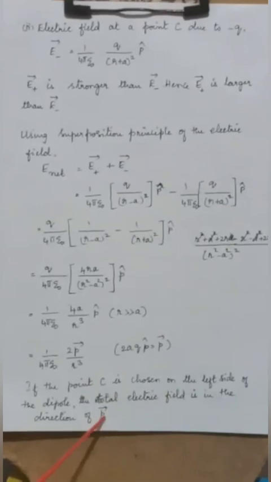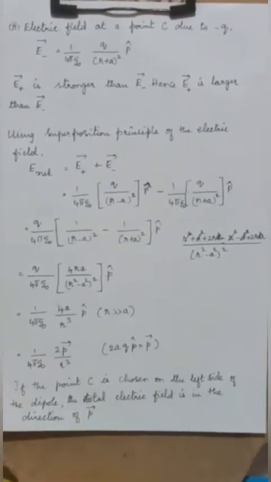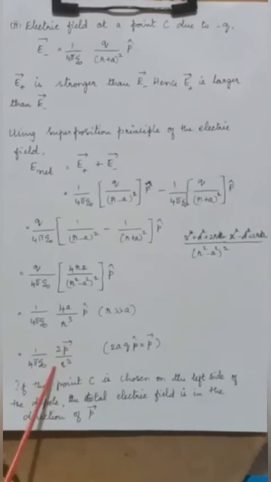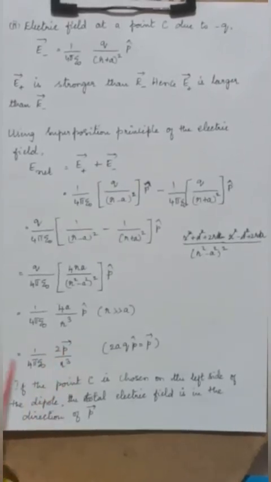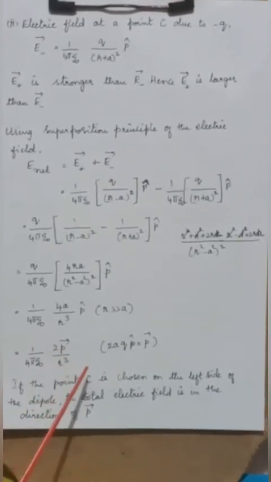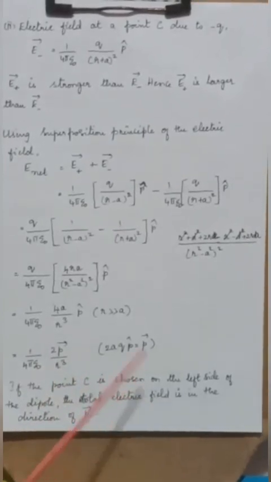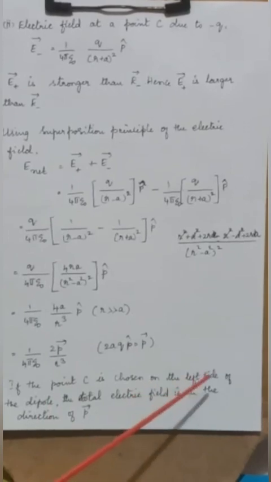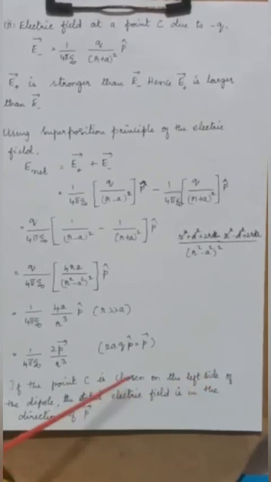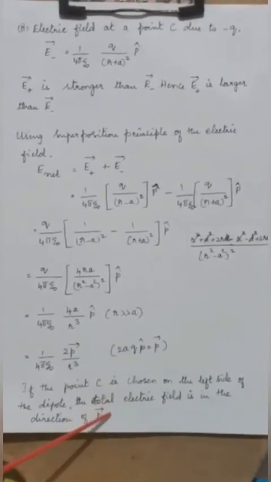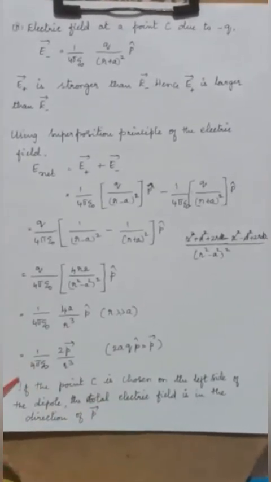So this is what we conclude: the electric field will be 1 by 4 pi epsilon naught 2p by r cube as the magnitude, and the direction will be along the dipole when C is chosen on the left side. So in the next topic, C is going to be considered on the equatorial line. So be clear with this, children.